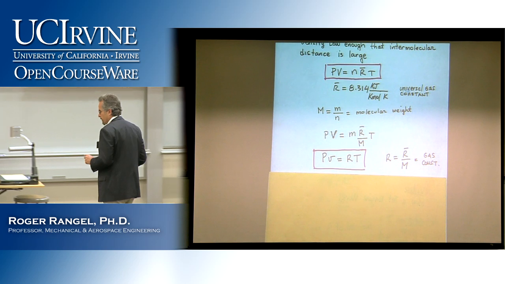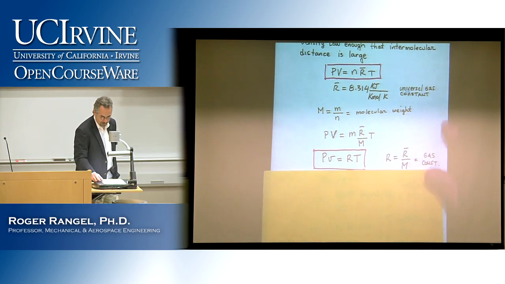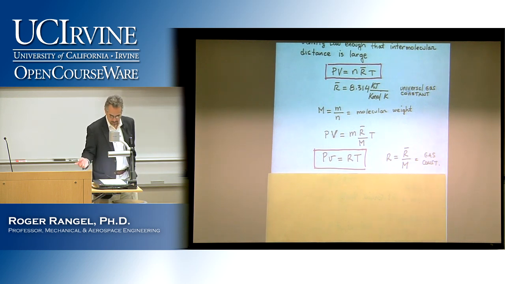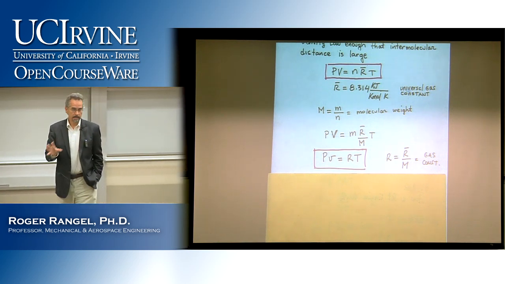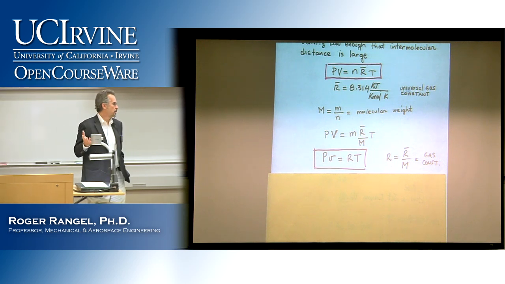This R, of course, is not the universal gas constant, because this R is going to be different for every other gas, because it's the universal gas constant divided by the molecular weight. But for a certain substance, it is a constant.